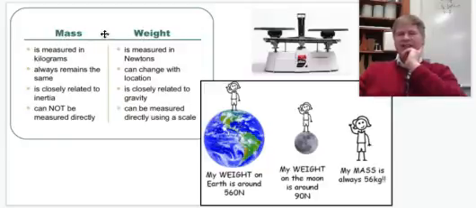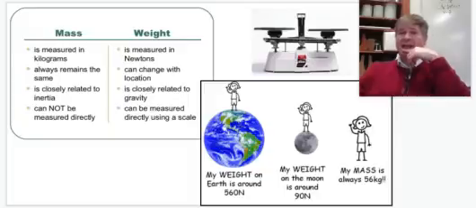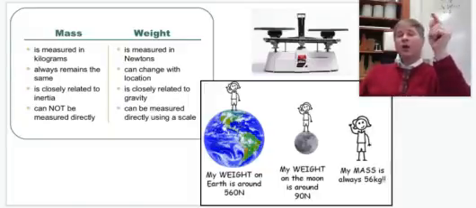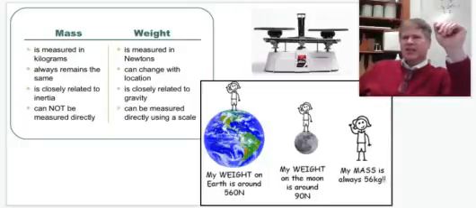This is a graphic comparing mass and weight. Mass is measured in kilograms, so we've seen kilograms. A kilogram is about 2.2 pounds. Let me say that right: 2.2 pounds is 1 kilogram.